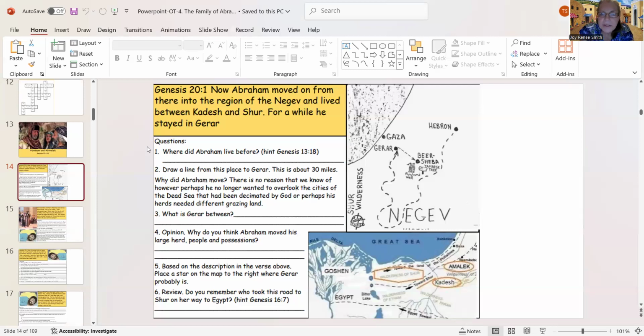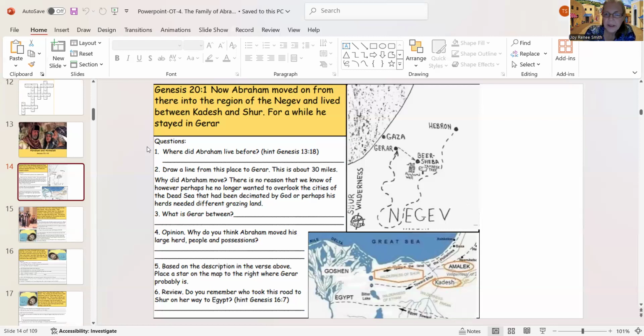What is Gerar between? Gerar is between Gaza and Beersheba. And the scriptures here would tend to give you the impression that it was between Kadesh and Shur.